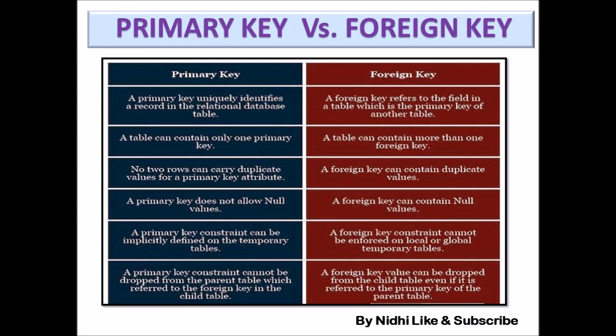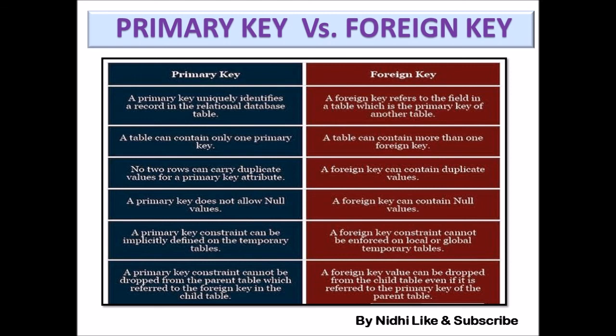A table can contain only one primary key, and a table can contain more than one foreign key. Next, third point: no two rows can carry duplicate values for a primary key attribute, but a foreign key can contain duplicate values. A primary key does not allow null values, whereas a foreign key can contain null values also.